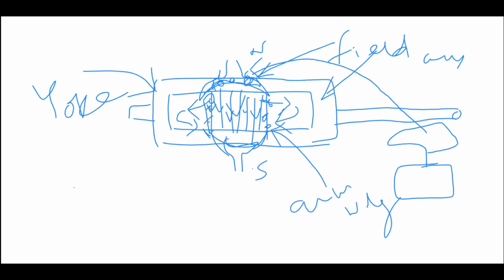Flux cutting is there, EMF is there, and sinusoidal flux and sinusoidal EMF are produced. That sinusoidal EMF is converted into rectified EMF and passed on to the load circuit in a rectified manner with the help of this mechanical rectifier called the commutator.